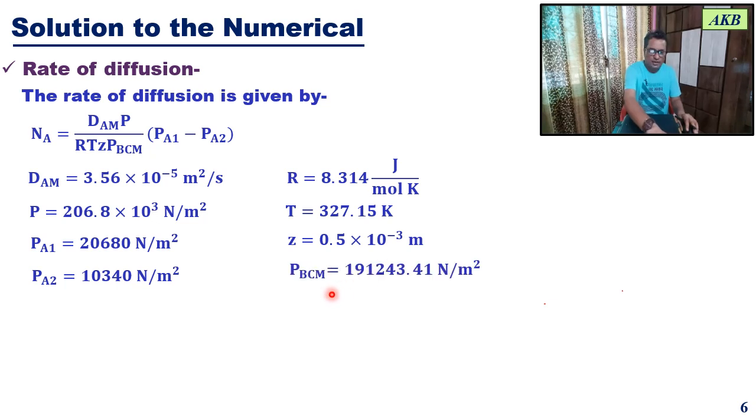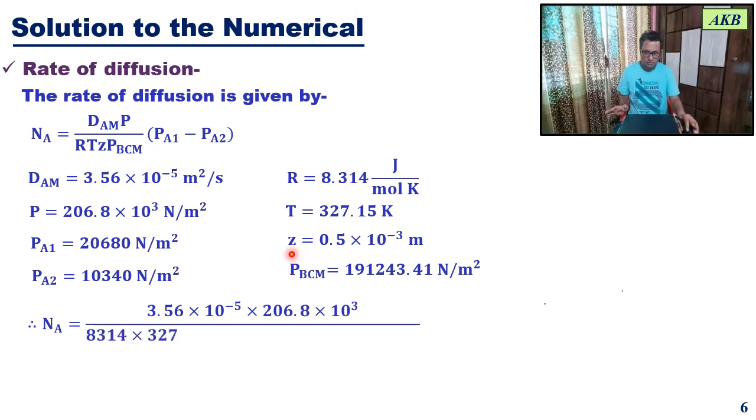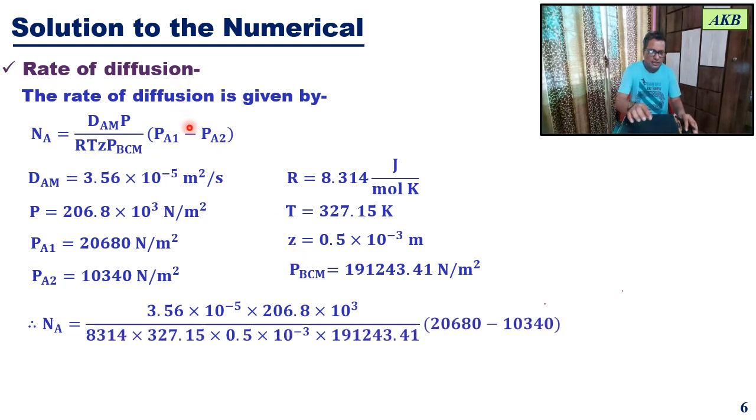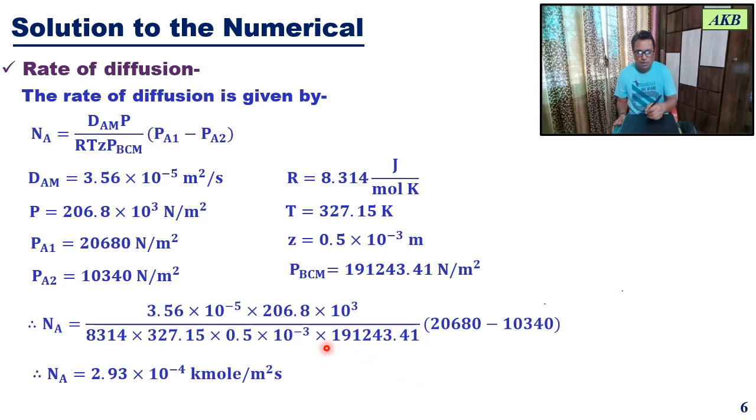PBCM we calculated on the previous slide, it is 191243.41 Newton per meter square. So all values are known, you just have to put all the values in this equation and get the final answer. If you put all the values, use your calculator carefully, the final answer comes out to be 2.93 into 10 to the power minus 4 kilomole per meter square.